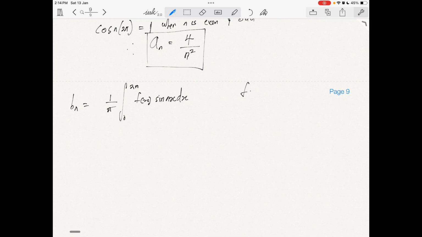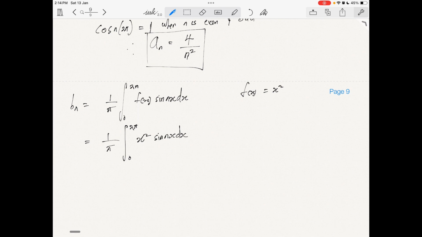And the question is referring to f of x is equal to x squared. Now moving on, let's substitute f of x is x squared. So we have 1 over pi integral of 0 to 2 pi x squared sine nx dx.